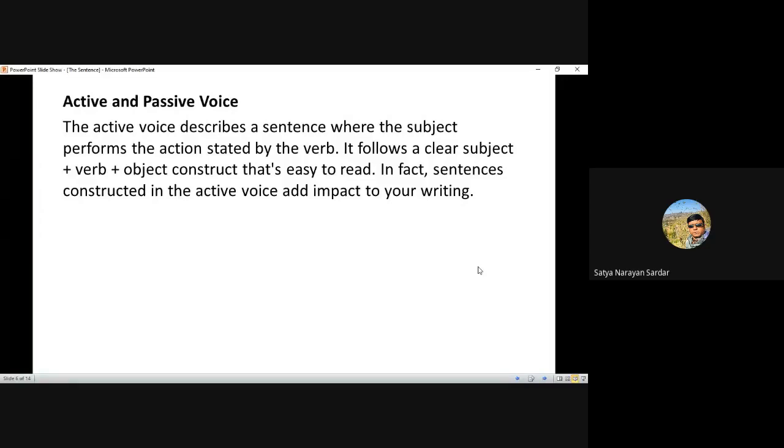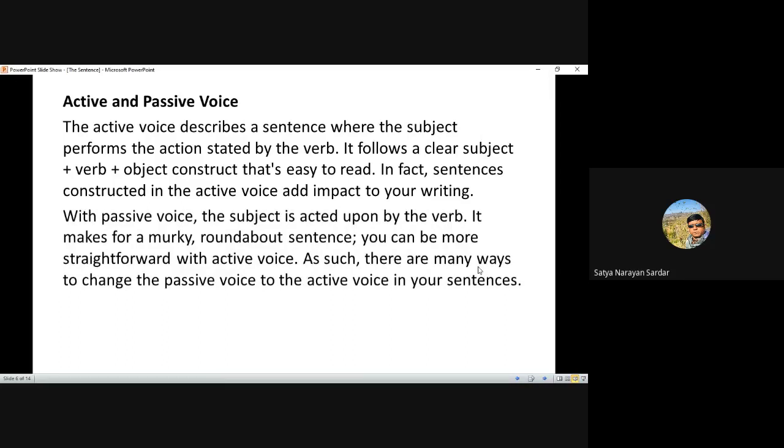Now, let me tell you one more thing. Sometimes, while writing something on your computer, if you use passive voice, it underlines. That means American English normally prefers active voice. In some cases only they prefer it, otherwise mostly they underline it.